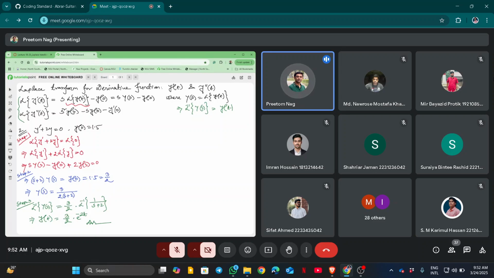Now, can everyone understand the steps? It's a very simple problem for which I believe you will be able to understand the steps: how a first order initial value problem can be solved using the combination of the Laplace transformation and the inverse Laplace transformation.